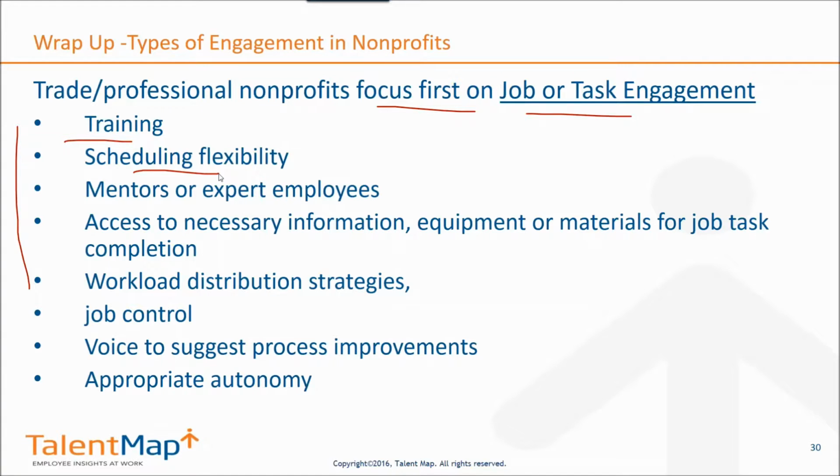Giving them a lot more flexibility really helps drive engagement, because they can do their job when they want to do it and become more engaged in their task. Mentors or expert employees help, especially if you're new to the association, by tapping into people who can help you get the job done better. Another is access to necessary information, equipment, and materials for job or task completion, making sure that employees have the tools.